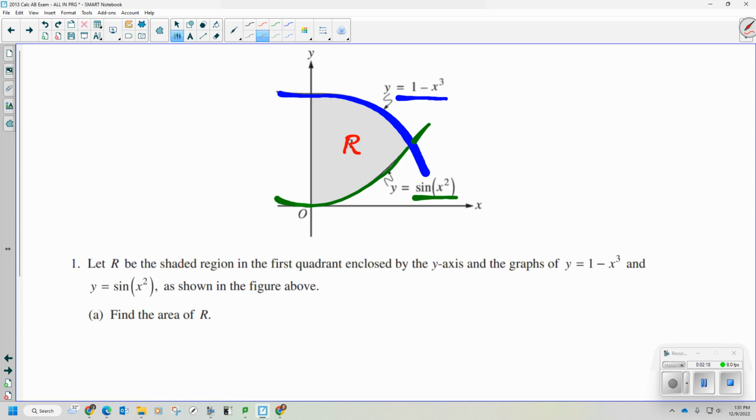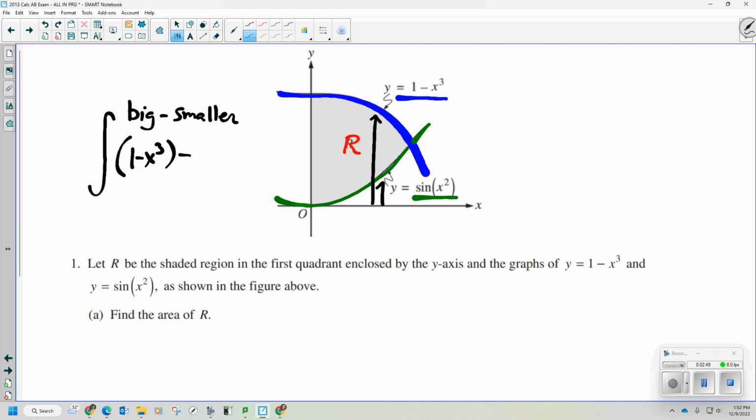So the area between the curves, you always integrate the bigger minus the smaller. What does that mean? Well, the bigger curve is the one that's further away from the x-axis. So it looks to me like the blue, or the 1 minus x cubed, is the bigger one, minus the smaller one, the green one, which is sine of x squared, dx.